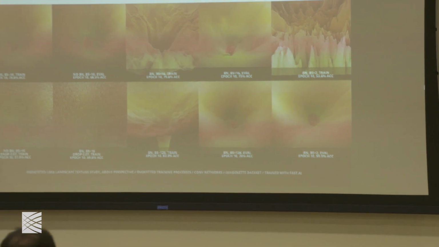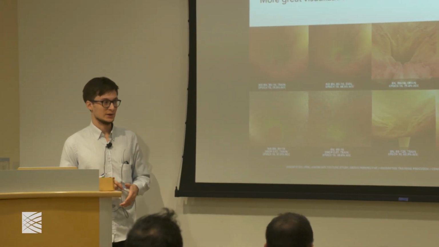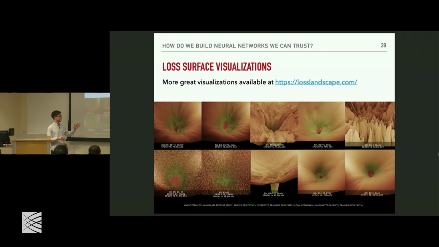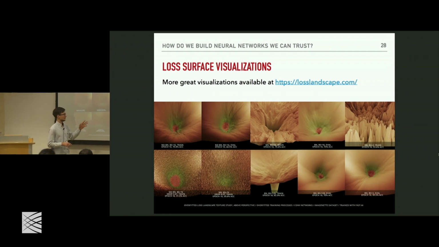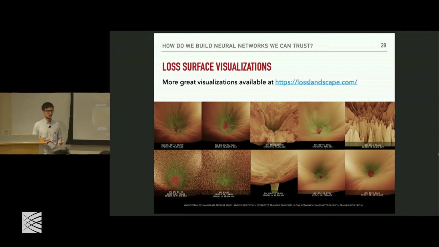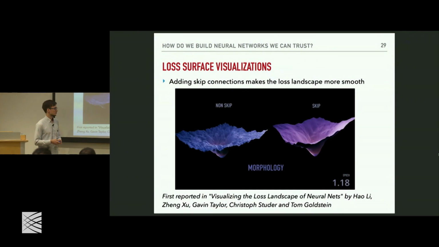Here he fixes all of the architecture and most of the hyperparameters of training the same for all the plots, but then he varies one hyperparameter at a time, and he looks at how the loss landscape changes. You can get some intuition from just looking at these pictures about what the hyperparameter does. Let's look at this example more closely.